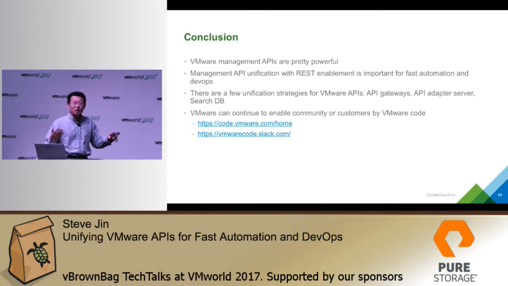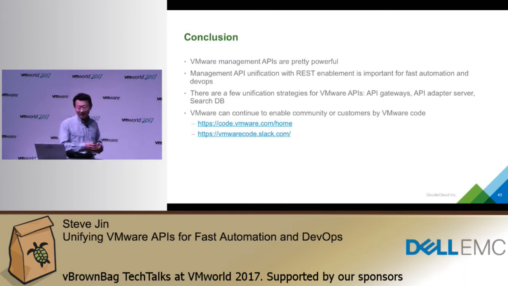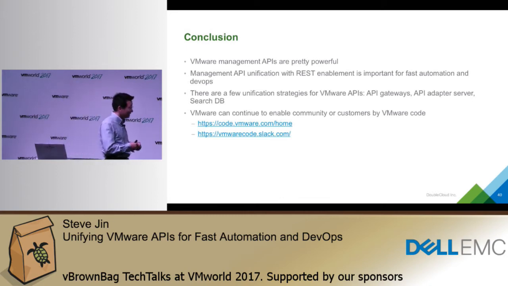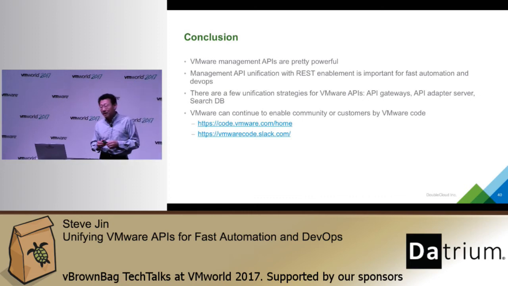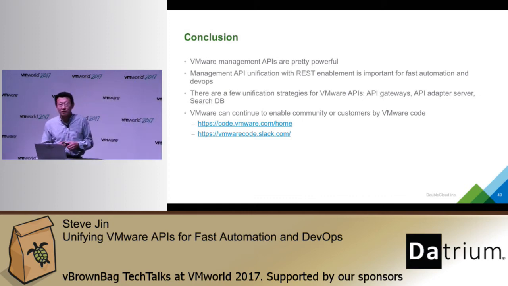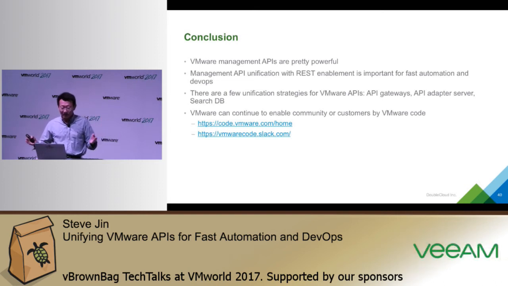So the conclusion is, the VMware Management API is pretty powerful and also extensive. It can do a lot of things. We talked about the different strategies to unify VMware APIs in terms of scale and format.